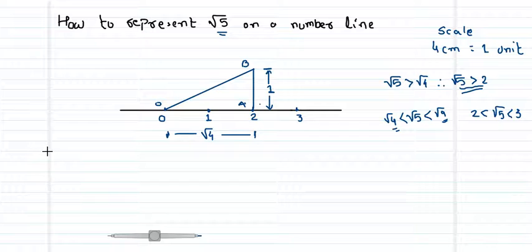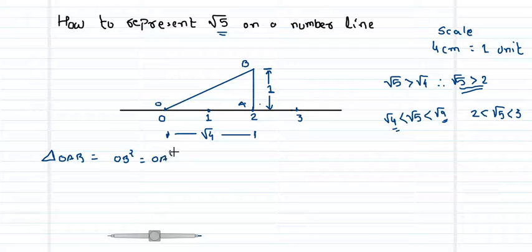With the help of Pythagoras theorem, the right angle triangle OAB will give us OB square is equal to OA square plus AB square.